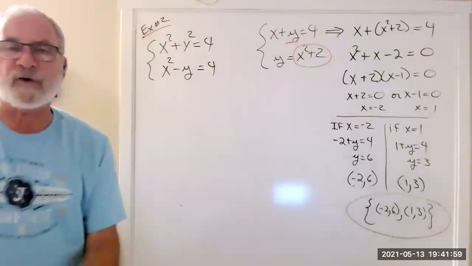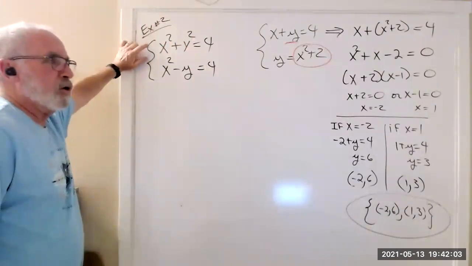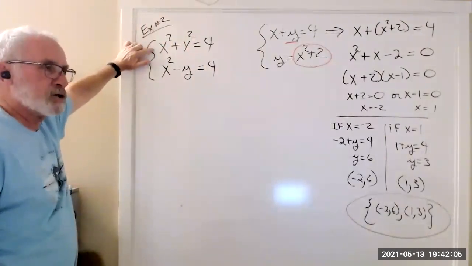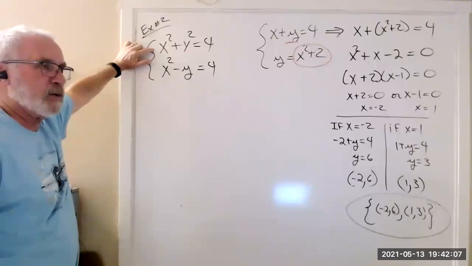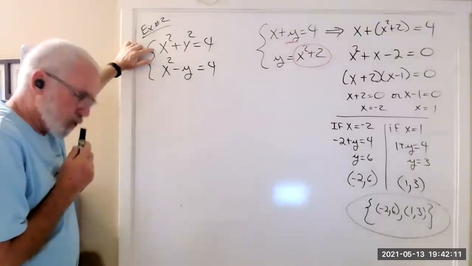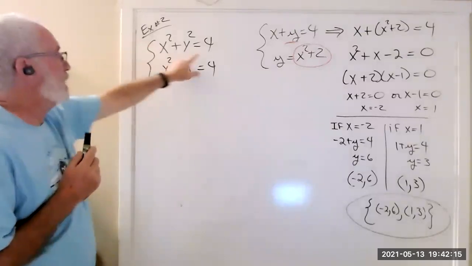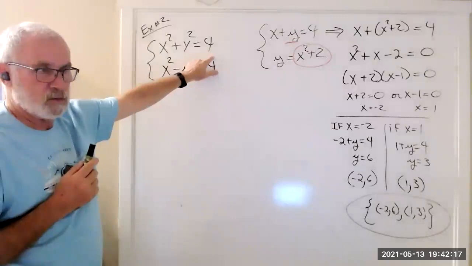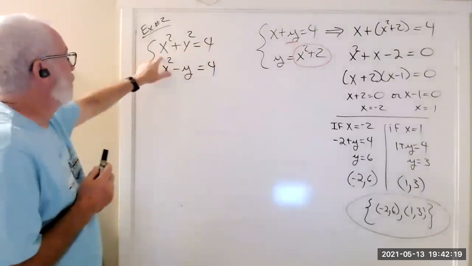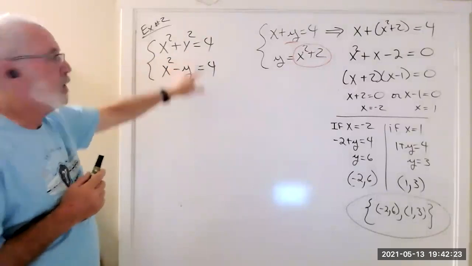Just for fun, can you guys tell me what graph the top equation is? What conic section it represents? A circle. That's a circle whose radius is 2, because both the x and the y are squared and they're both assumed positive.